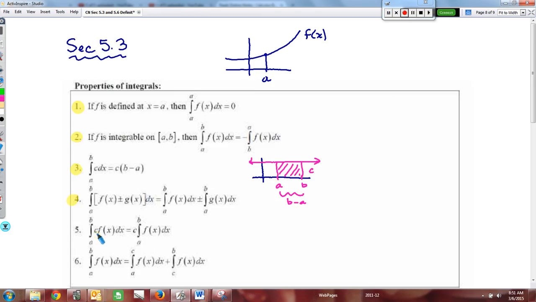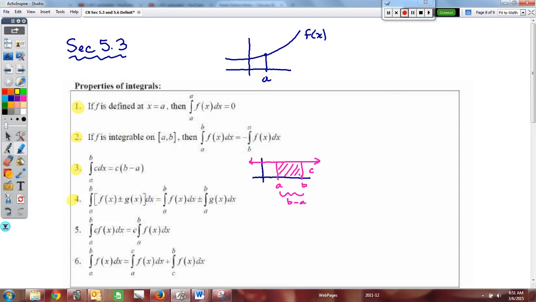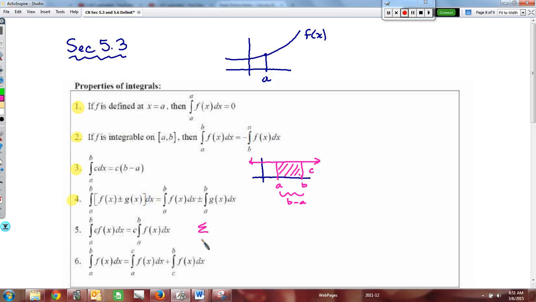If I have a constant inside of an integral, then I can pull it out when you have a constant times a function. And again, if you think about it, this is our sum as i equals 1 to n of your delta x f of ci, and we're taking the limit as n goes to infinity.